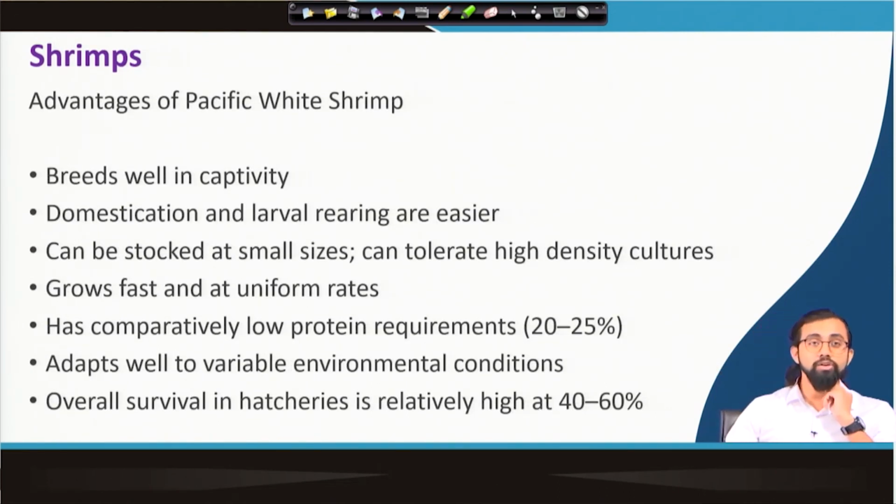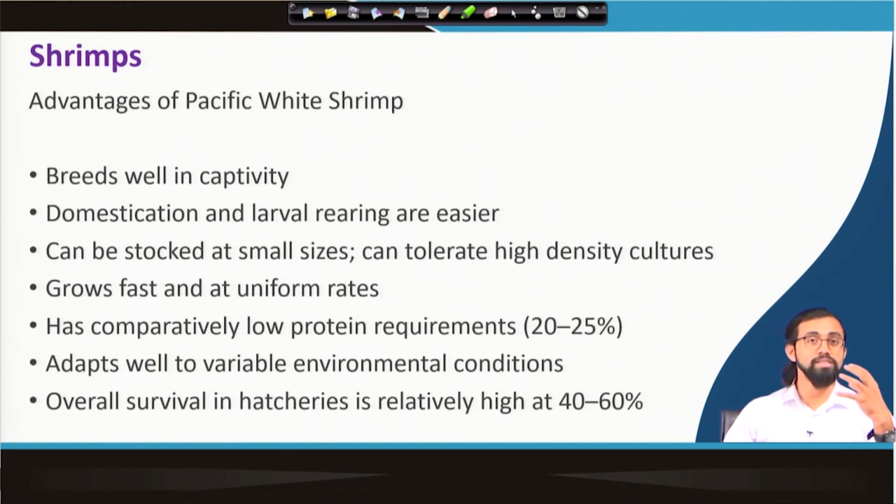And what are the advantages of it? It can breed very well in captivity. So in aquaculture systems where you want a better yield, and also a species which can sustain minor changes in the water quality, this shrimp works. For example, suppose the aeration system has some issue for a couple of minutes and it stops, and because of that the DO level goes down, but this kind of shrimp can still somehow survive.